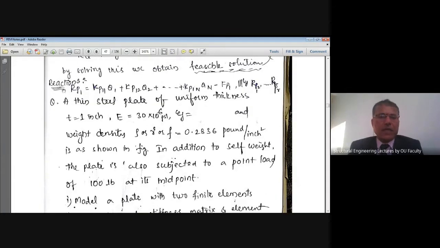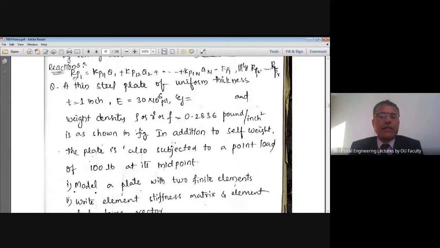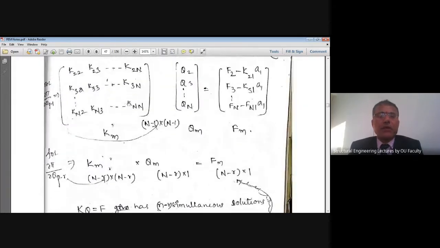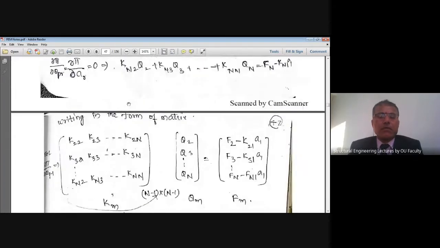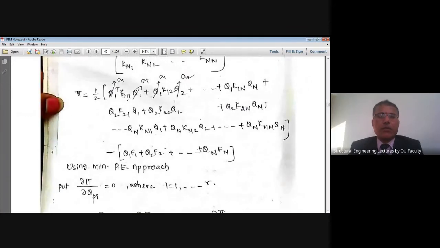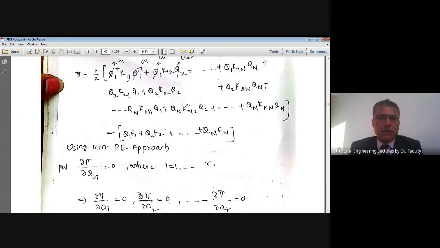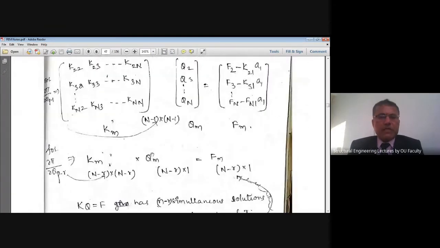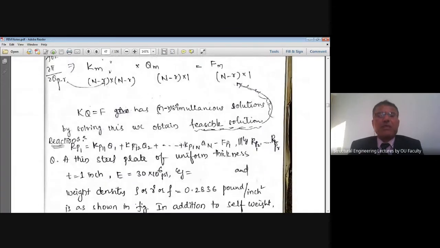Then after getting that, I'll also get the reactions like this: Rp1 is equal to Qp1 multiplied by q1, this first row, plus Qp1,2 multiplied by q2, and so on up to Qp1,n multiplied by qn.